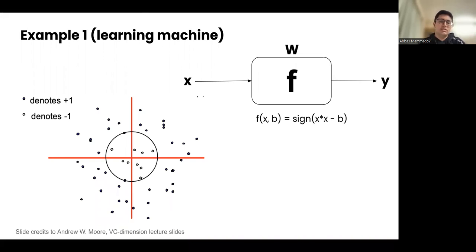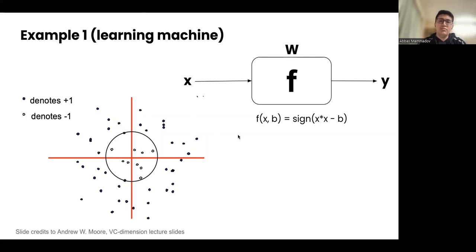If it is less than 0, it means that we are looking at the inside of the circle, and if it's greater than 0, it means that we are looking at the outside of the circle. As you can see, these filled circles are denoting the plus ones, and the empty circles are denoting the negative ones, and the empty ones are inside of this circle, and the plus ones are outside or on this circle.